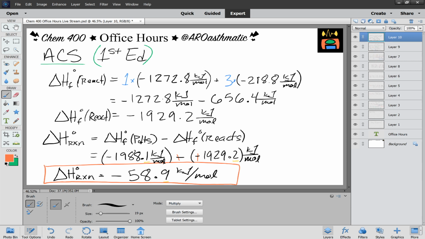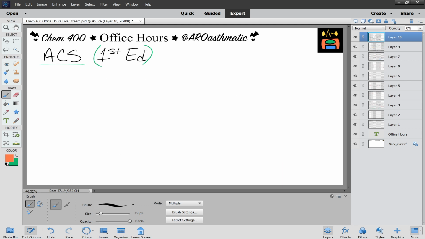And when you look at the possible answers we have to choose from, the correct answer here would be C. All right, so that is the solution to the third and final ACS question.